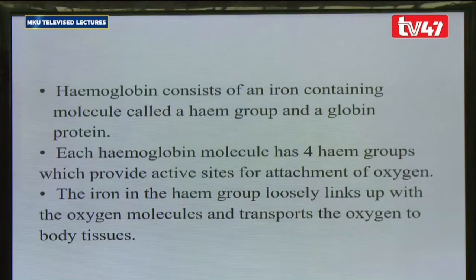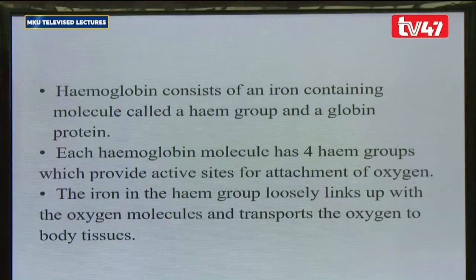Now, the iron in the heme group loosely attaches or forms a link with the oxygen molecule. A weak link, the oxygen can attach on the iron without oxidizing the iron. And the heme group will carry the oxygen on the hemoglobin molecule to the body tissues in this combined form, which we refer to as oxyhemoglobin.